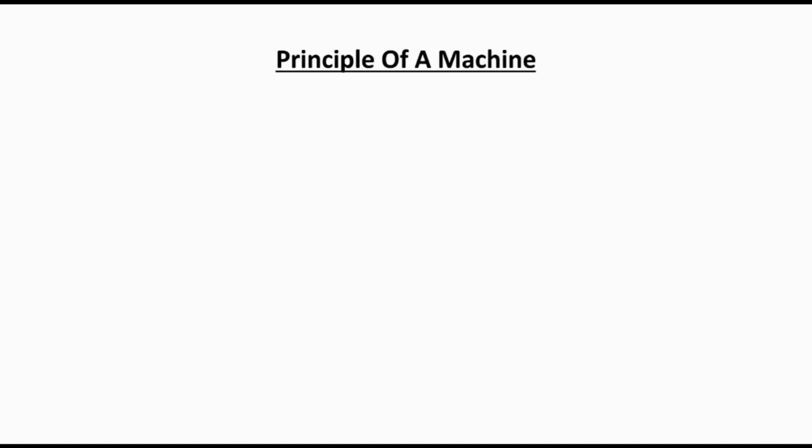Now, principle of a machine. For an ideal machine, a machine where there is no loss due to friction, due to weight of the moving parts or weight of any of the parts of that machine, such machines are called ideal machines. For an ideal machine, output energy is equal to input energy. Now input energy is always force multiplied by displacement.